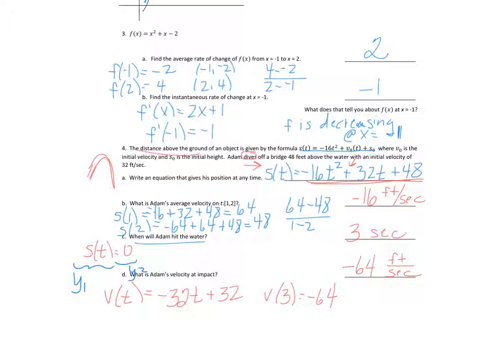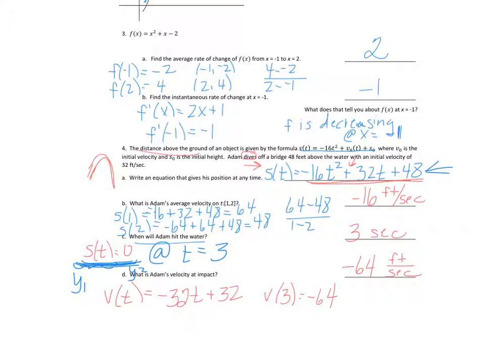The good news about a calculator portion is all you have to write is this. You have to tell the equation that the calculator is solving. So if you have written S of t equals 0, if this were a calculator part, that's actually all of the work that would have to be on your paper. S of t equals 0 at t equals 3.